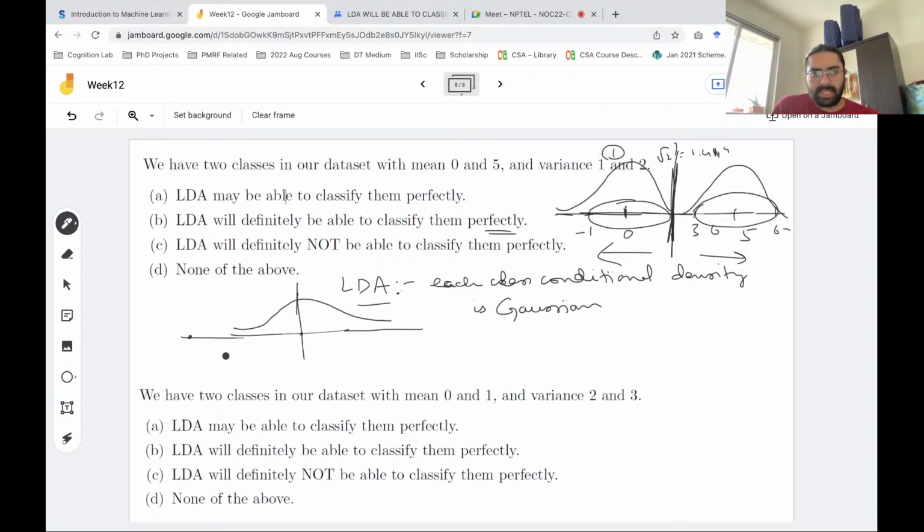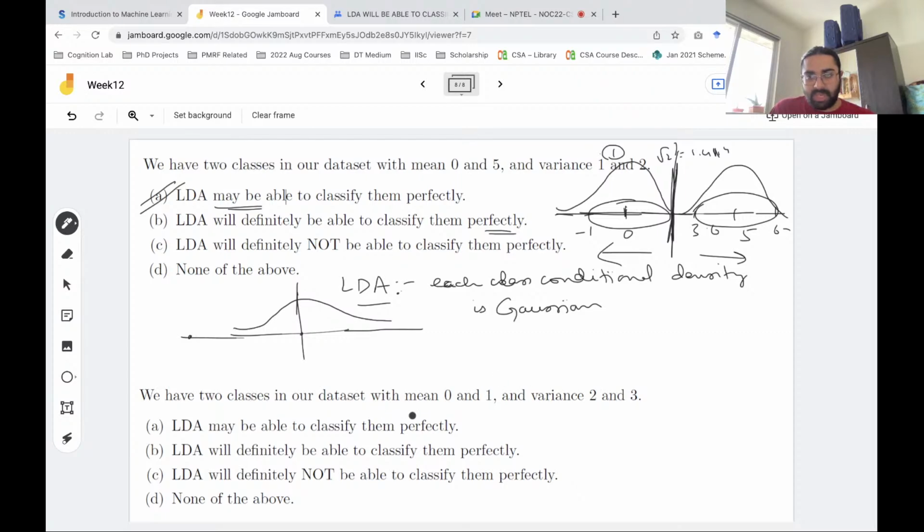It is just that it's so rare. So we say it may be able to classify them perfectly, and we say may because I can have a point which is very far away, which lies on this space itself, and therefore we may not be able to ever classify that point with this LDA method, right? That is in this case.